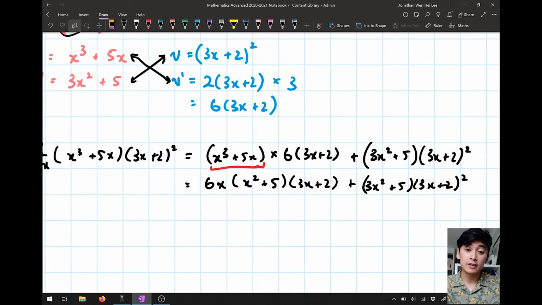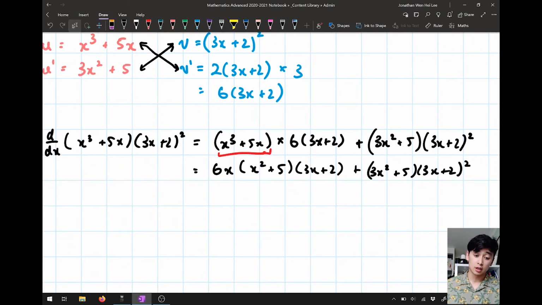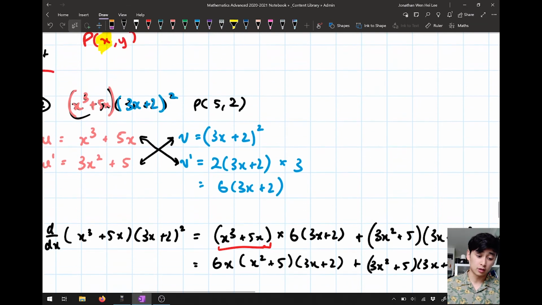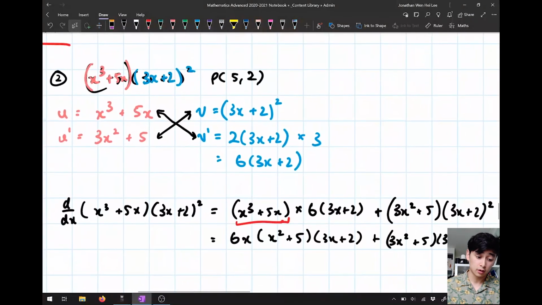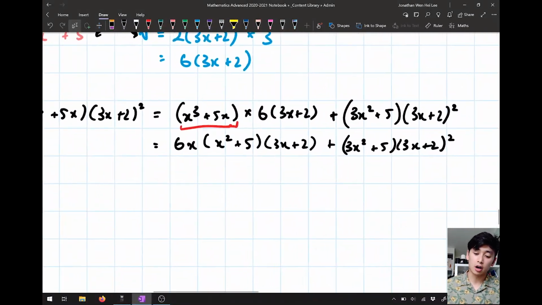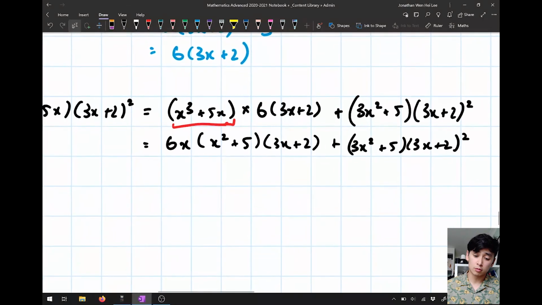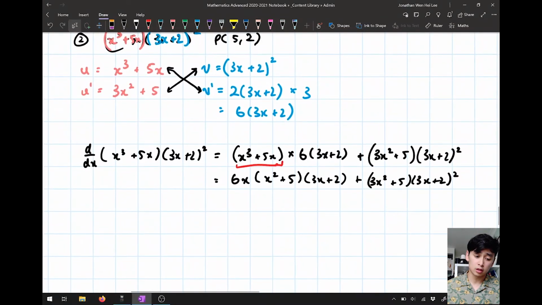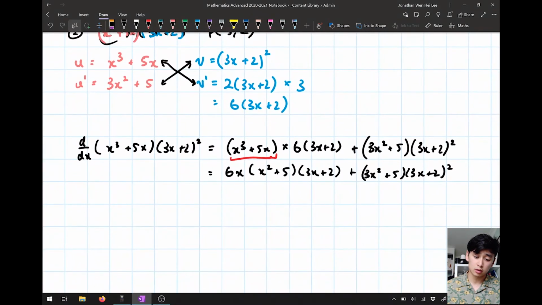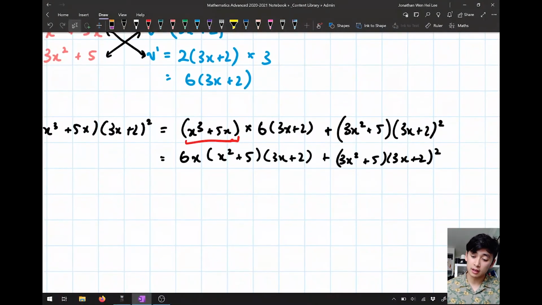So, once we've done that, what we can do is try to factorize this fully. So we can take out any common factors. Let me just check that I've done this correctly. Yes, I think I have. Okay, I'm going to take out the common term. My common term, I think, is this 3x + 2.